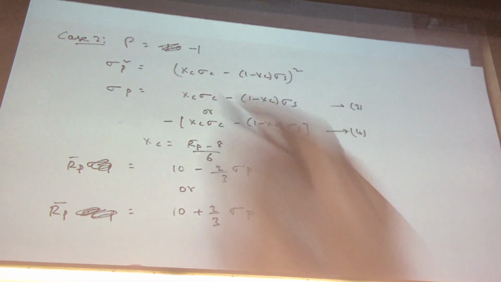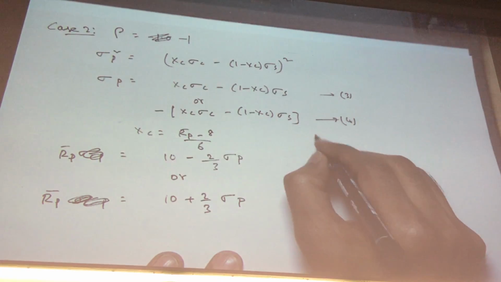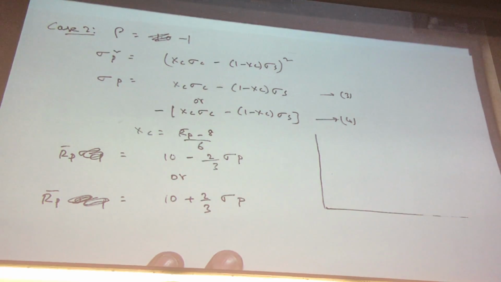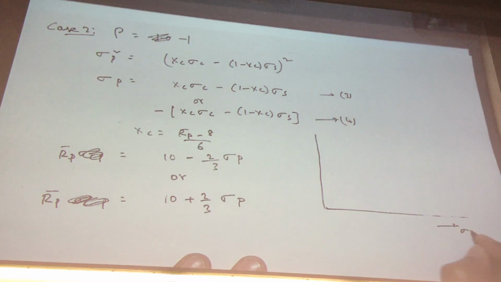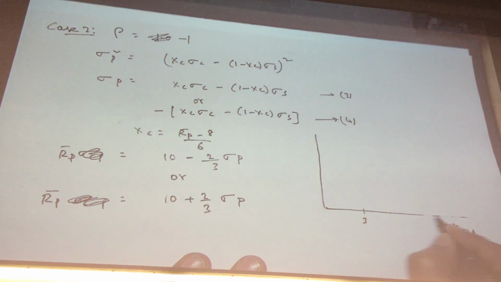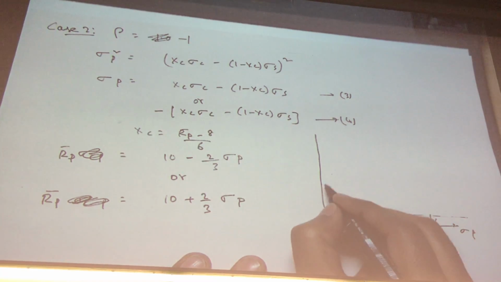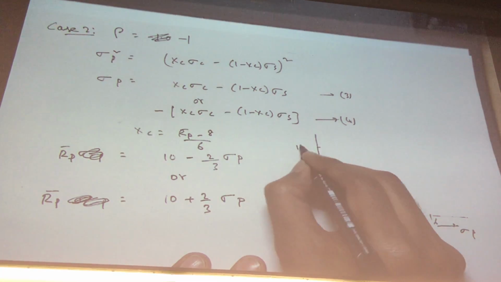So, when rho equals minus 1, when you look at the graph, you take the same one, sigma p, and you have one asset with standard deviation 3, the other one 6, and some other values 8 and 14.